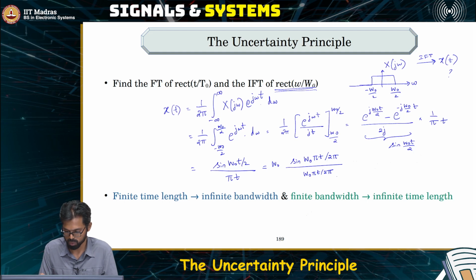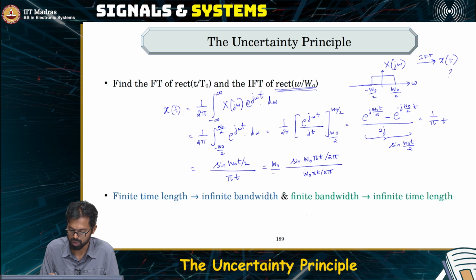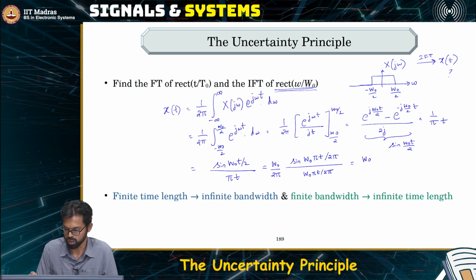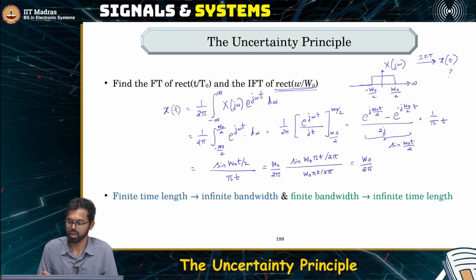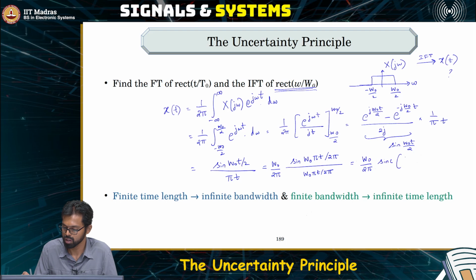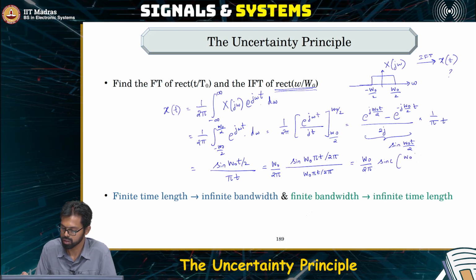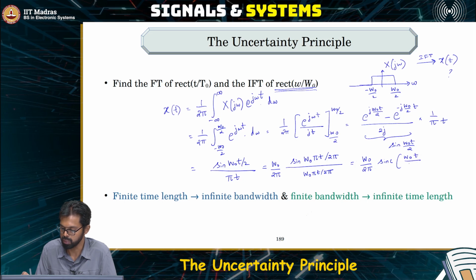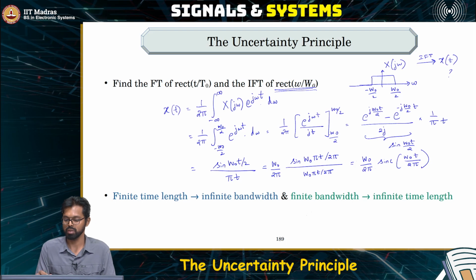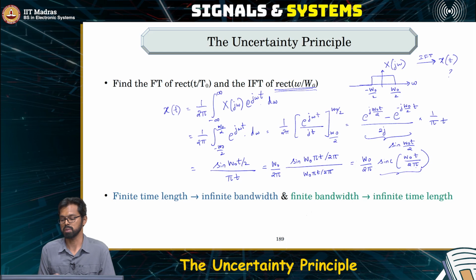We have divided by 2 pi, so the corresponding division is also here. So what would we get? So we get omega naught by 2 pi times Sinc omega naught t by 2 pi, right? So this is of the form Sinc of pi theta divided by pi theta. So we have exactly the same thing here.